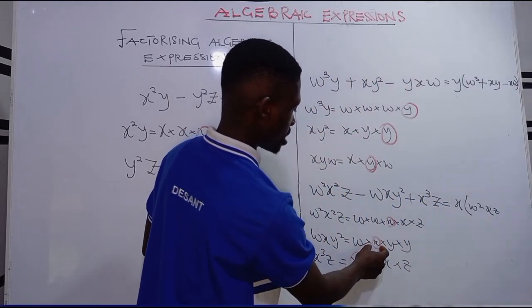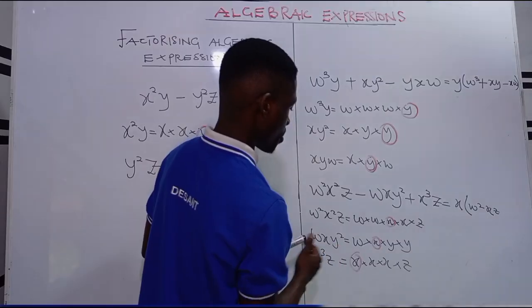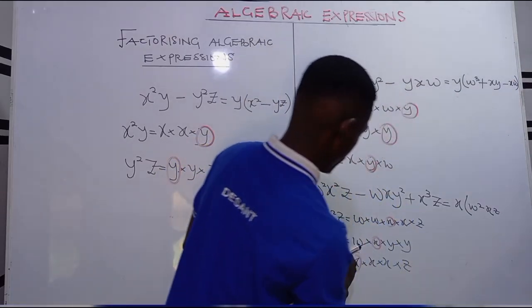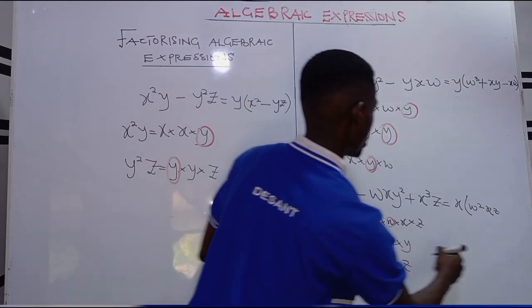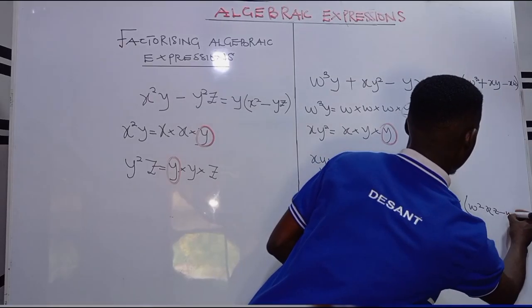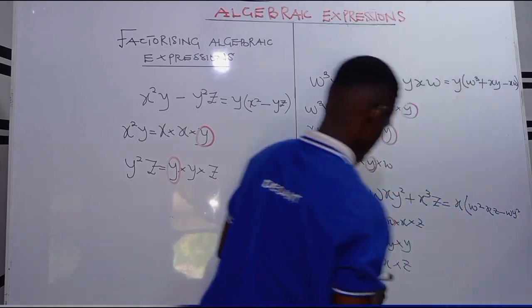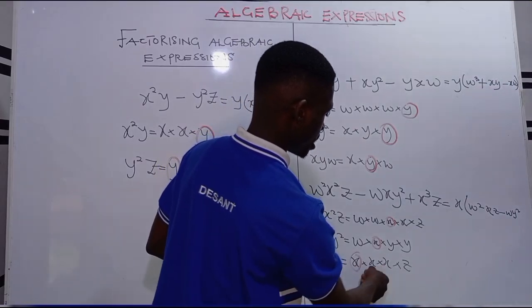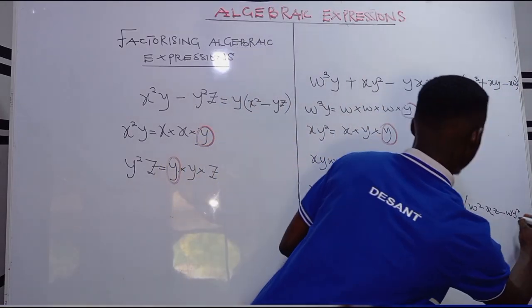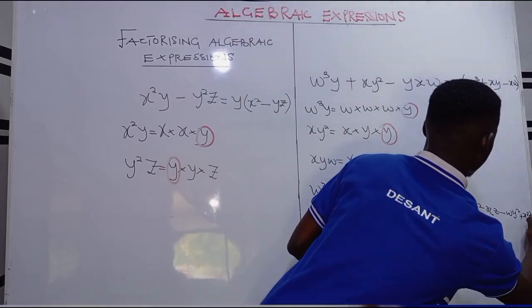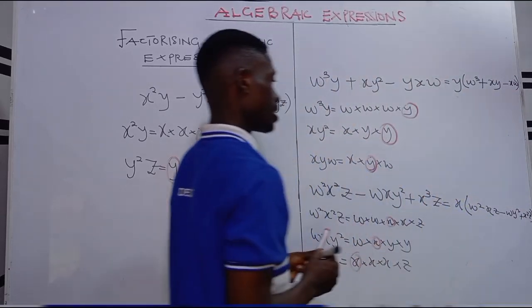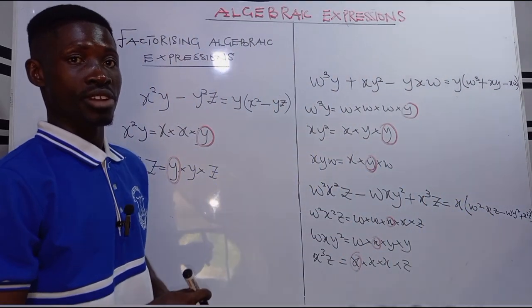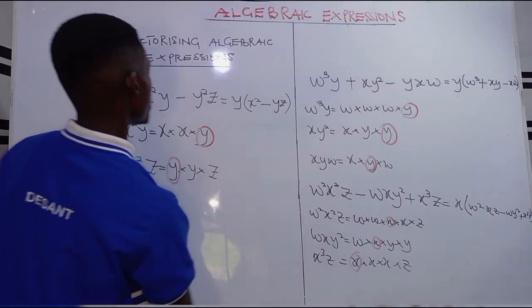And then after bringing this x out of the second term, we are left with w y squared, so we have minus w y squared. And the last term, after bringing this x out, we are left with x squared z, so we have plus x squared z. I guess you were able to get this answer. But let's make more progress.